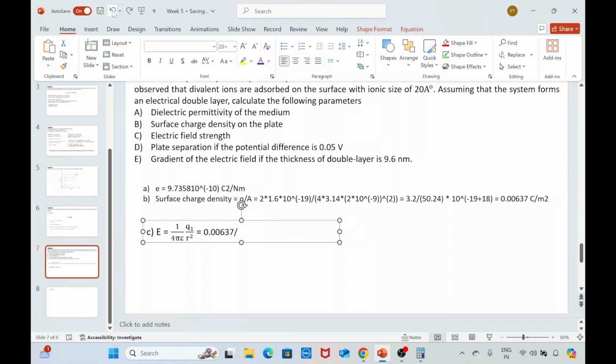I'm going to take only 3 decimals, or let us take 4. And the units is volt per meter. So remember the units, that the electric field strength is expressed in terms of volt per meter.